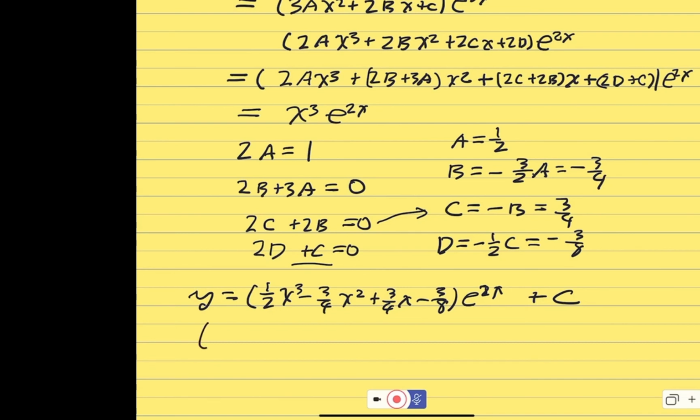Now let me just make the remark here, since our equation is y prime equals, well, what was it? x cubed e to the 2x.